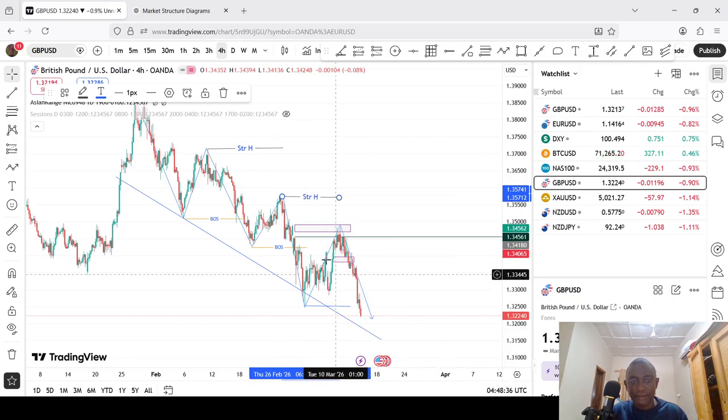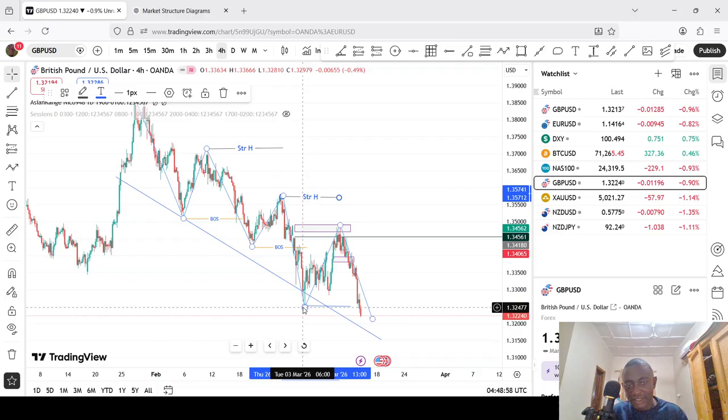So it broke this price level. As I mentioned, once here is broken, it becomes a BOS. Once there is a break of structure, once there is a BOS, there will always be a pullback. This was the pullback. From this strong high, price came all the way to this place, breaking this particular structure.